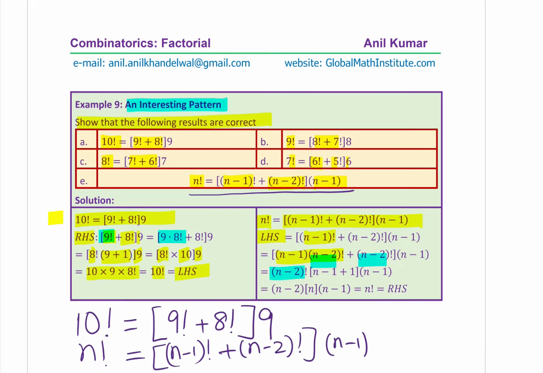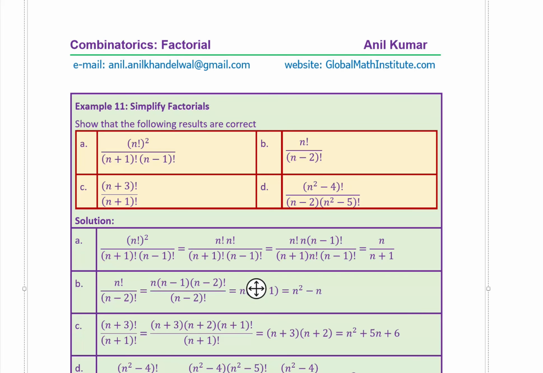Within the bracket, we are left with some numbers, and those numbers can be simplified to get the result, which looks like n factorial, the right hand side. So I hope that makes sense. You can at this stage pause the video and go through this proof once again. That gives you an insight into the type of proofs we are going to see in this particular chapter. Perfect. So let's move on.